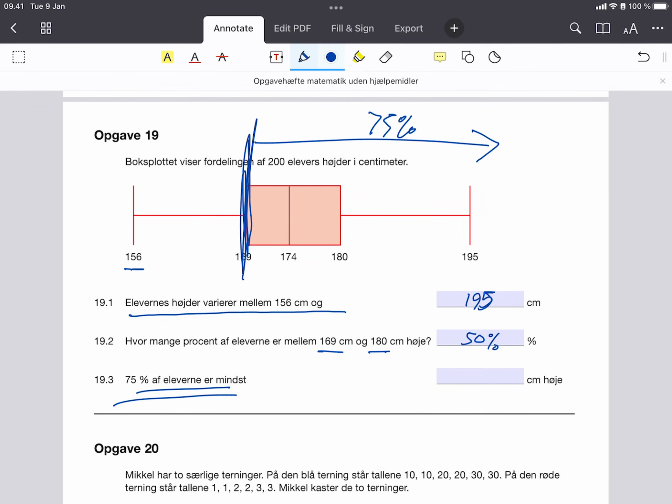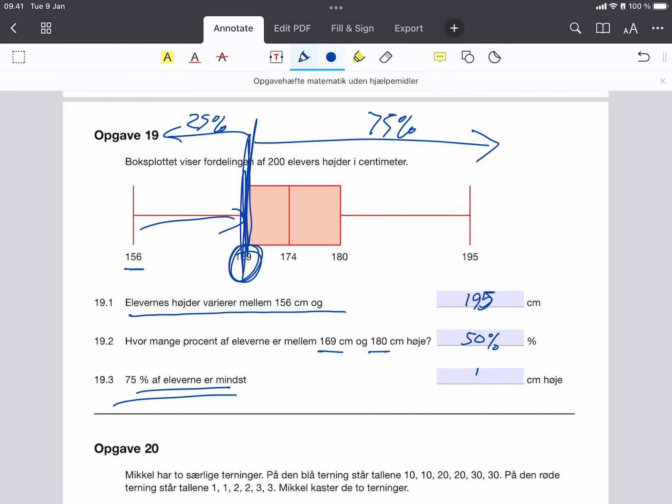So although the 169 is for the bottom 25%, that 169 marker cuts off the bottom 25% and the top 75%. Someone at 169 has 25% of the people below them and 75% of the people above them.